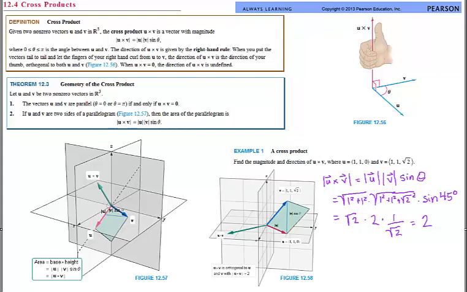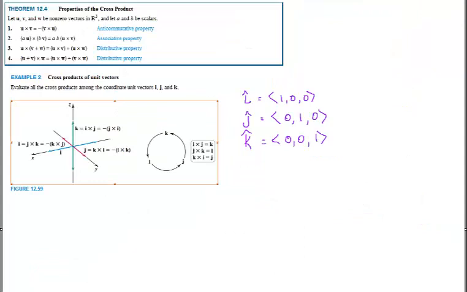Let's take a look at a few of the properties of the cross product. Of special interest is this property here, because it really depends on which direction that you start, whether it's u cross v or v cross u, as to how you twirl your hand.